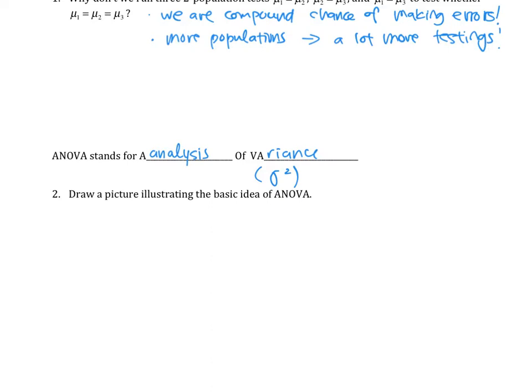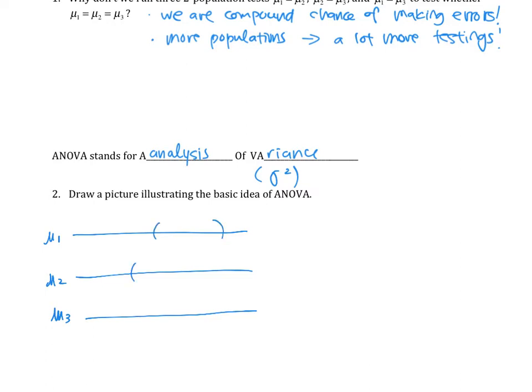Number 2, draw a picture illustrating the basic idea of ANOVA. When we do this ANOVA test, we're going to use a calculator, but the underlying principle is this. Let's say I have populations mu1, mu2, mu3. In terms of confidence intervals, let's say mu1 is like this, mu2 is like this, mu3 is like this.